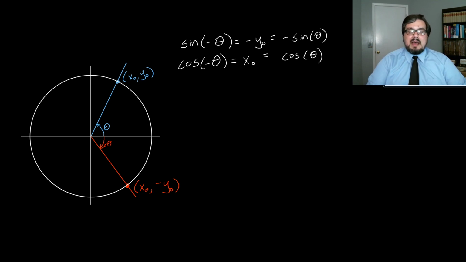So we have these two facts for how sine and cosine deal with plugging the opposite of an angle into them. And we can use that to determine what happens with the other trig functions as well. So we get that sine of negative theta is equal to negative sine of theta. By the way, this is what we call an odd function.